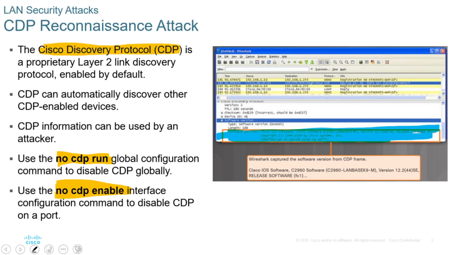And that information can be useful for someone if they want to launch an attack, as they may use that information to further their understanding of the network, and that could be very undesirable in many situations. So we would disable that. It's one of the simplest things we can do in an environment.